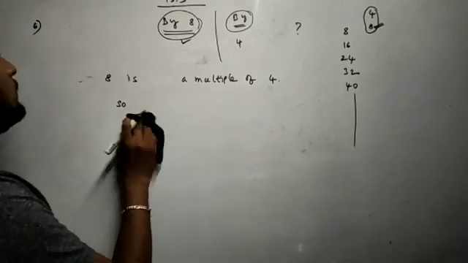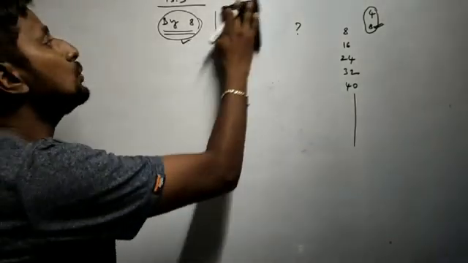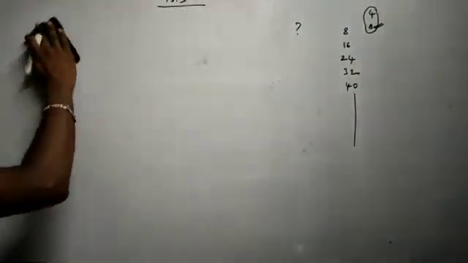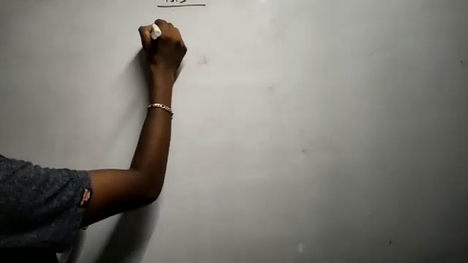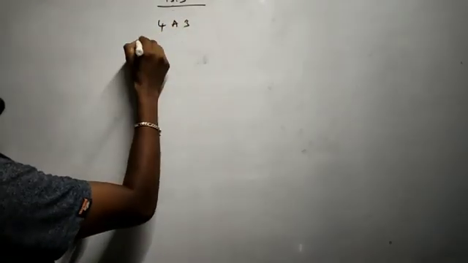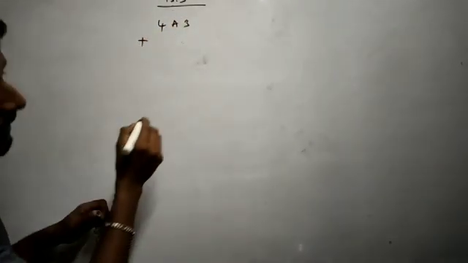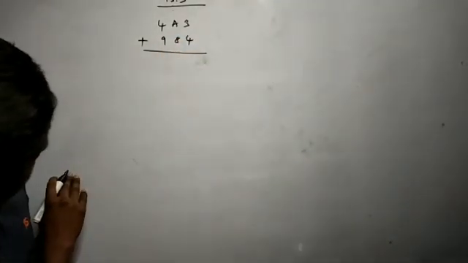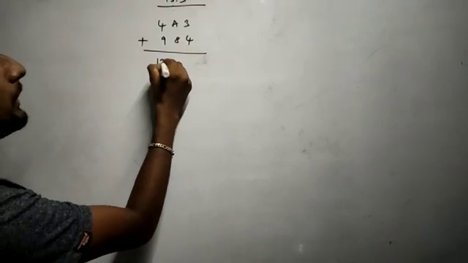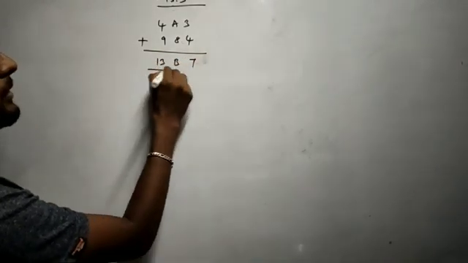Okay, seventh problem. There are 3-digit numbers. The sum of the 3-digit numbers is 13B7. 4A3 plus 984 is equal to 13B7.